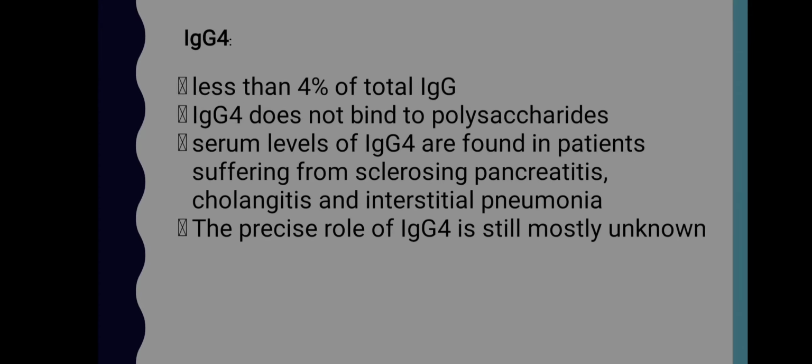IgG4 is less than 4% of total IgG. It does not bind to polysaccharides. Serum level of it is raised in patients suffering from certain diseases like interstitial pneumonia. The total role of IgG4 is still unknown.